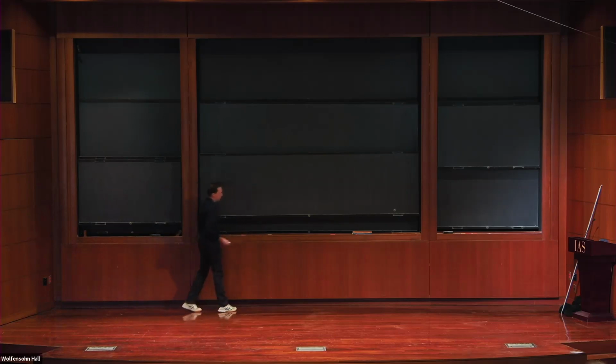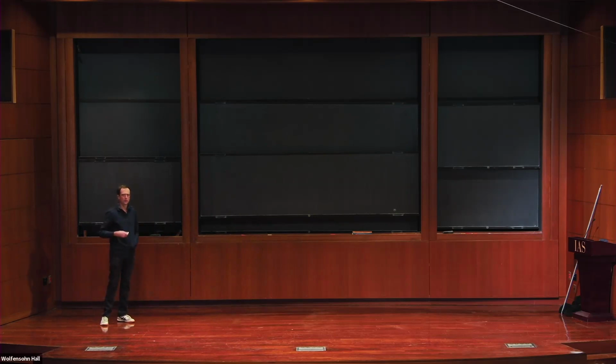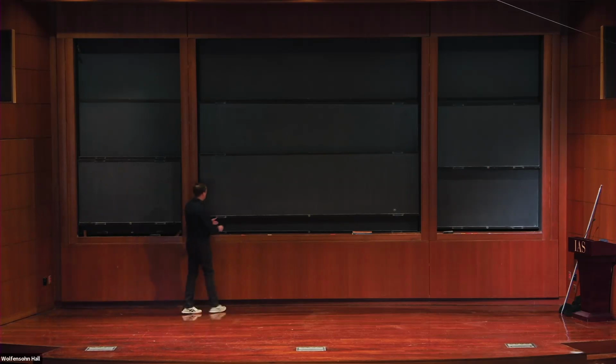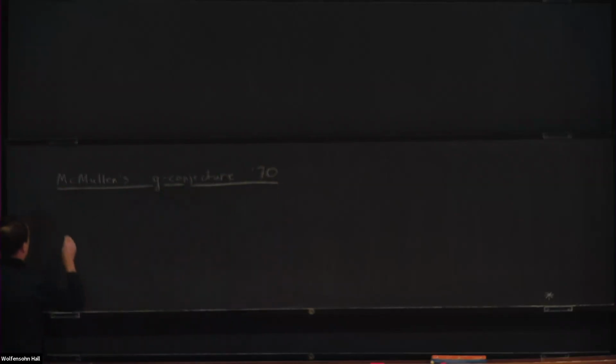Okay. So to explain their result, I need to tell you the motivation, which was that they provide a proof of a conjecture called McMullen's g-conjecture, which was made in 1970. And I'll tell you what it is very roughly first.